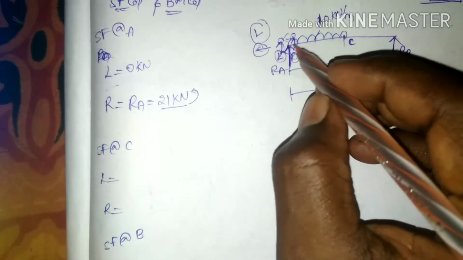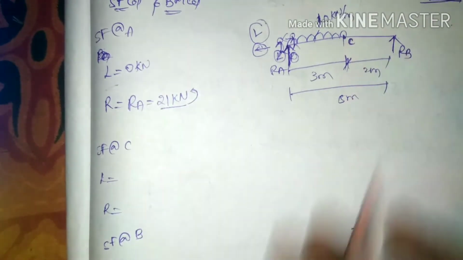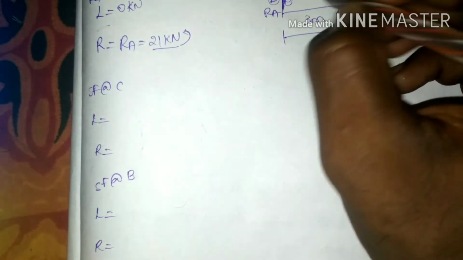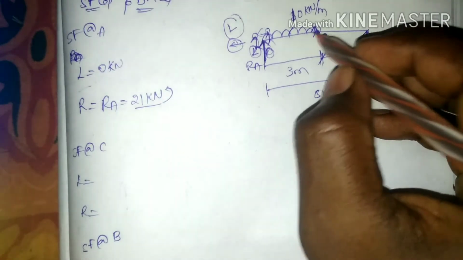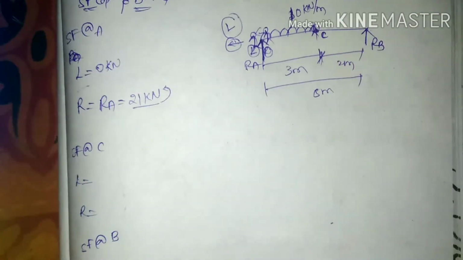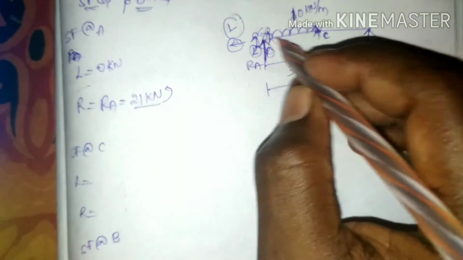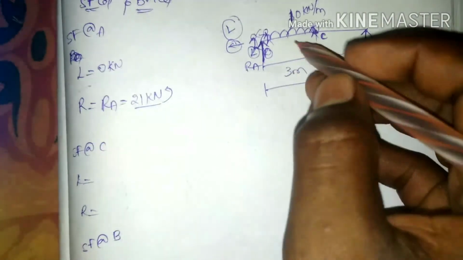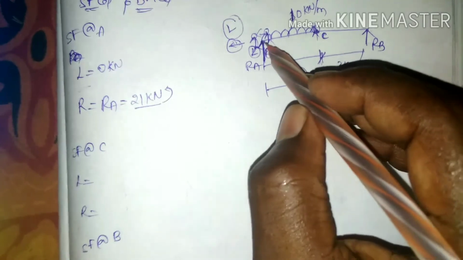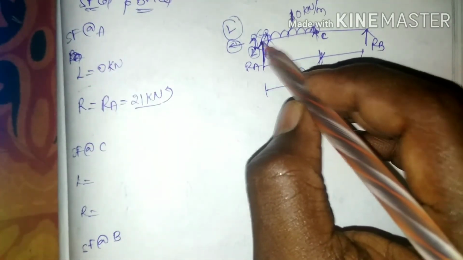And next, moving on to C, the shear force at C. Just left of C, the value is going to be decreased, because of how we find the reactions.